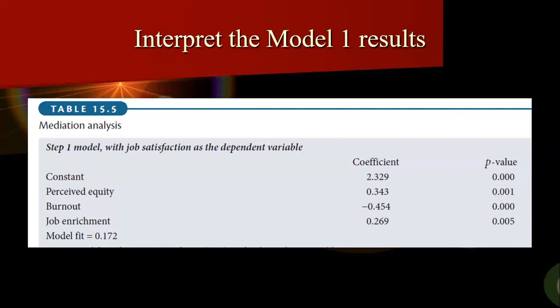Another example, if we choose a significance level of 5%, that means this result is statistically significant at 5% because this p-value 0.001 is less than 0.05.